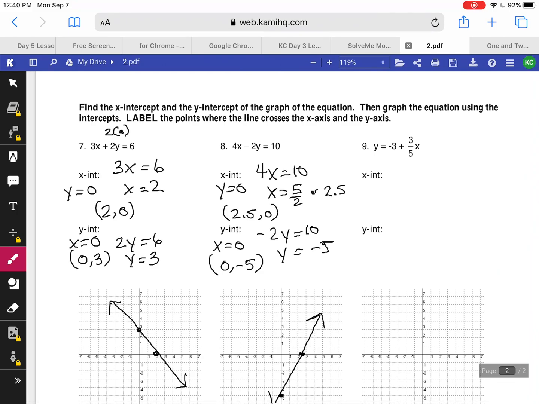The last one we're looking at, number 9. X-intercept, so y is set at 0. 0 equals negative 3 plus 3/5 x. 3 equals 3/5 x. I'm going to go ahead and do my solution to solve for x.